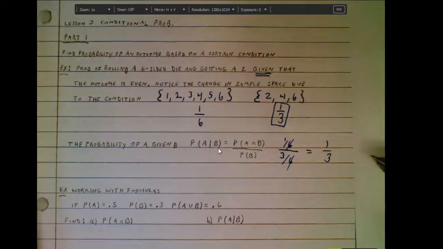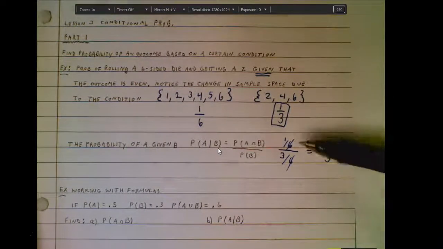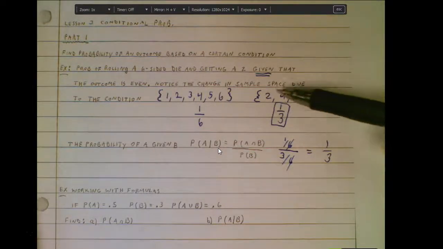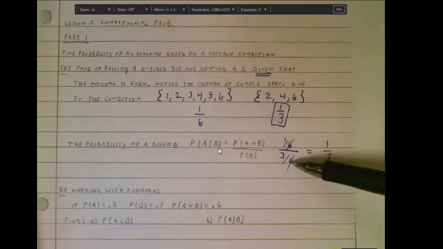So the one thing I wanted you to see out of this is there's more than one approach. I can use a formula if the formula makes sense to use, or I can use the idea of a sample space and get my answer this way. So I did it this way without the use of any formula. This was pure formula. So I could do it either way and still get that same result.